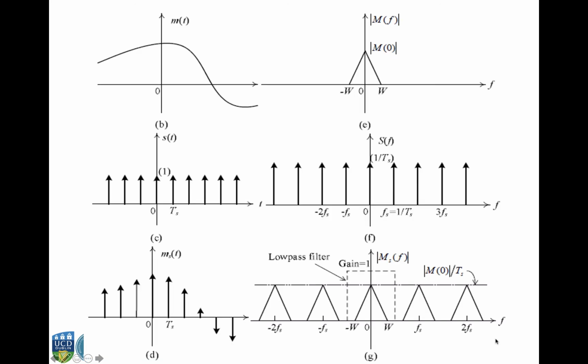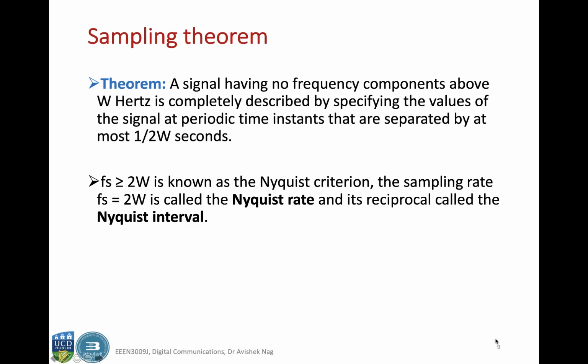After all this analysis, the answer is that your samples should be separated by time instants that are at most 1 over 2W, or in other words, your sampling frequency Fs has to be greater than or equal to 2W. This is known as the Nyquist criterion or Nyquist sampling theorem, and if you follow this, you can successfully recover the signal from its samples. I'll stop here in this video, and we will continue in the next video with signal space analysis.